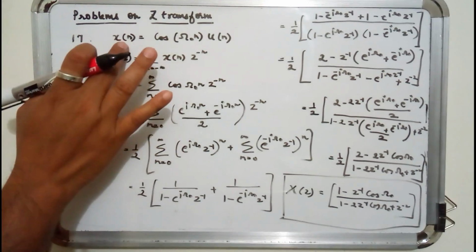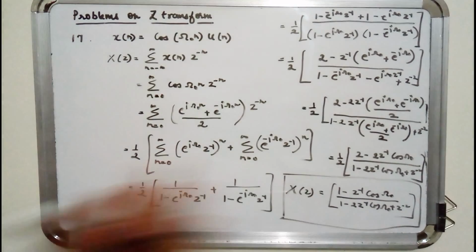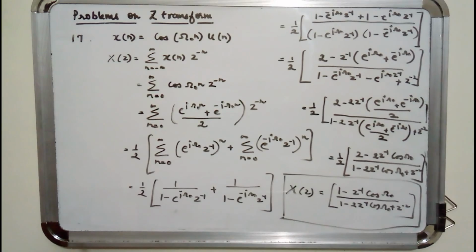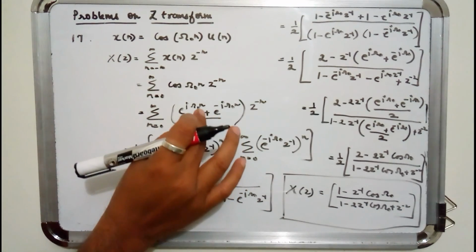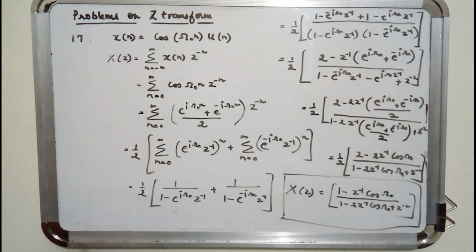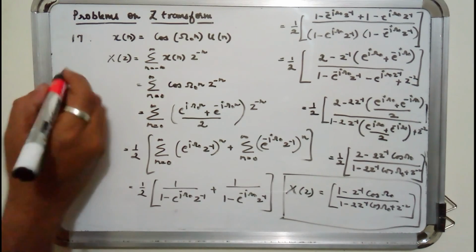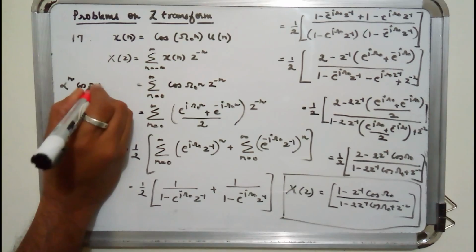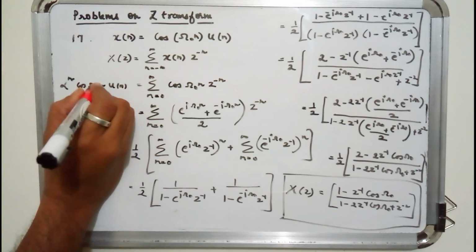So x of n is equal to cos omega naught n u of n, you have got this value. X of n is equal to sin omega naught n u of n you can also find out simply by making this minus here and dividing it by 2j and making the appropriate changes. There can be one more type, alpha power n cos omega naught n u of n. How do you do this?